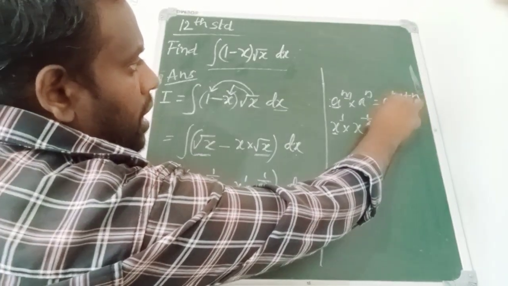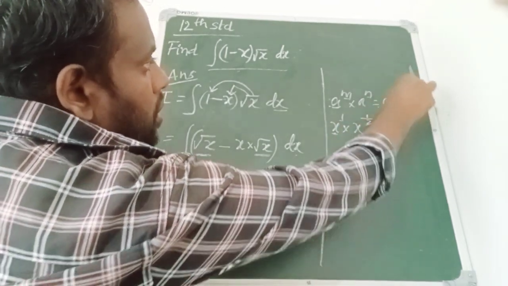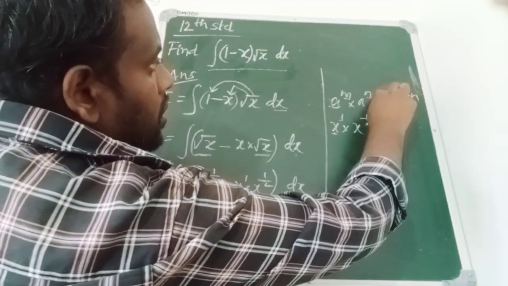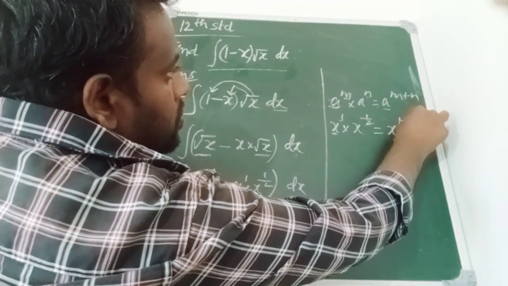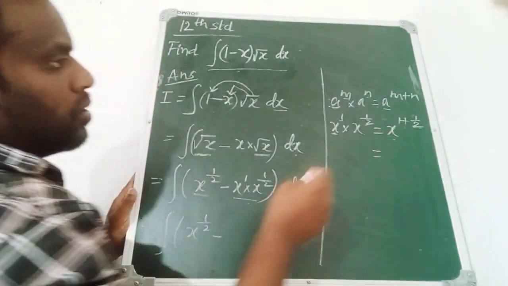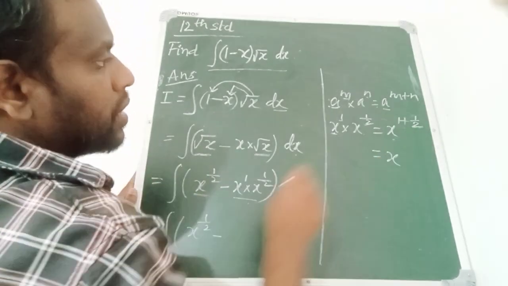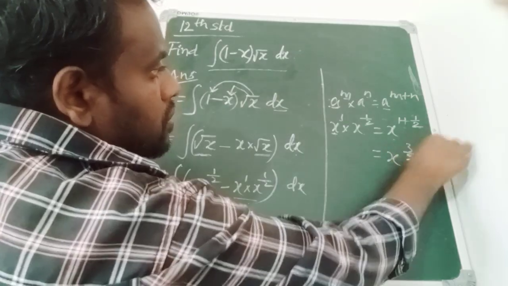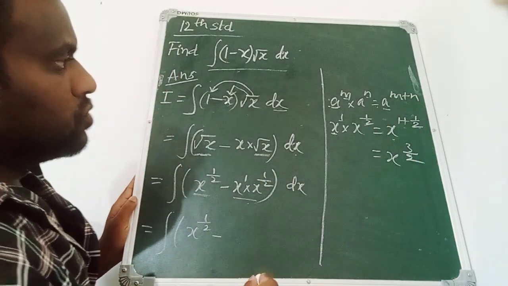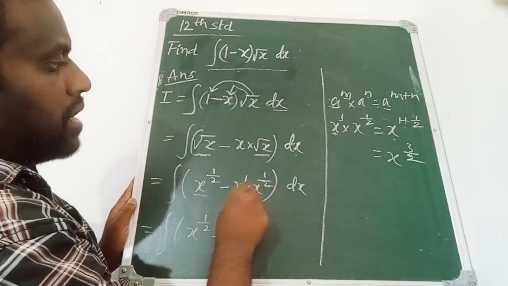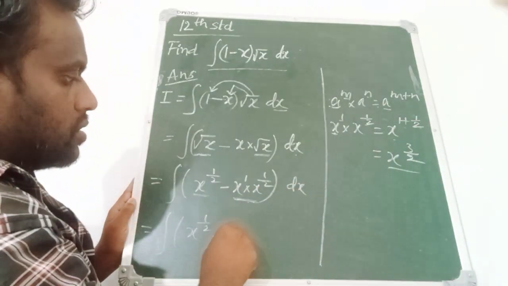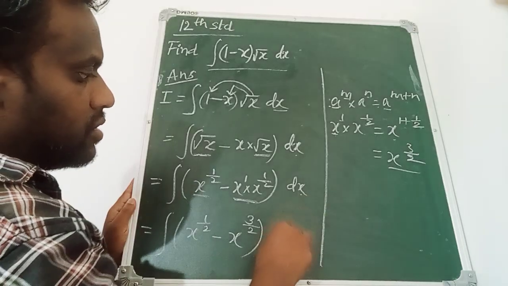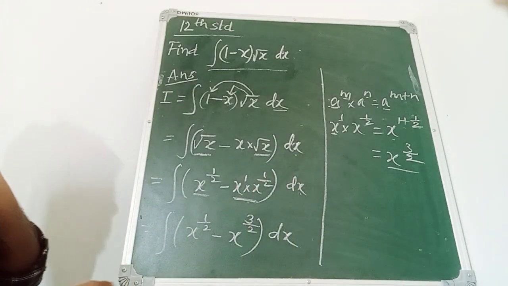Using this formula, x to the power of 1 plus 1 by 2, and 1 plus 1 by 2 is 3 by 2. So in place of this I write x to the power of 3 by 2 dx.